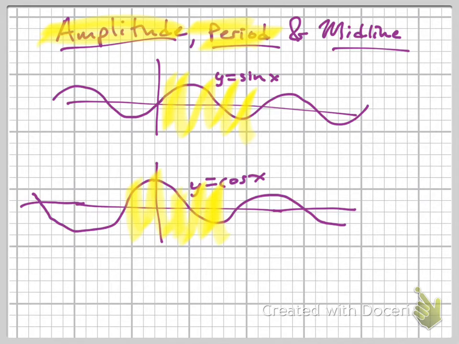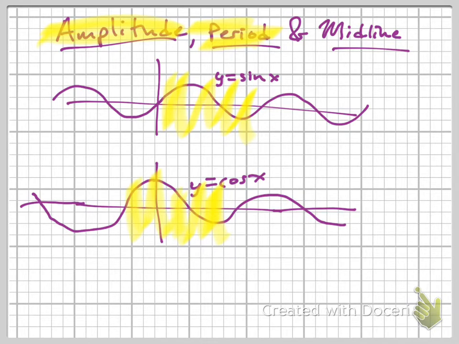It could be moved vertically or horizontally, but it's still going to have the same period and the same amplitude because it's not going to be going any higher or lower from its midline. However, its midline would be changed.